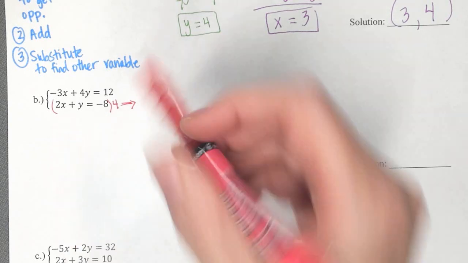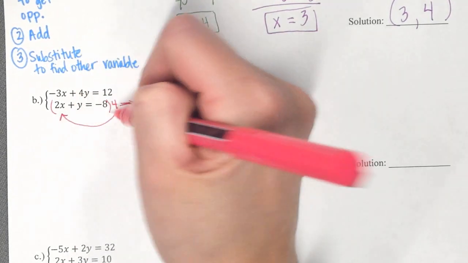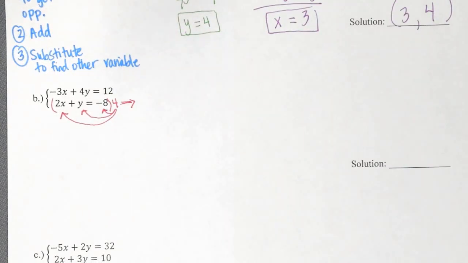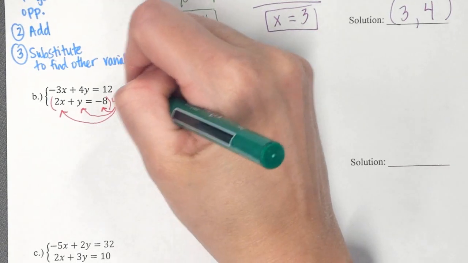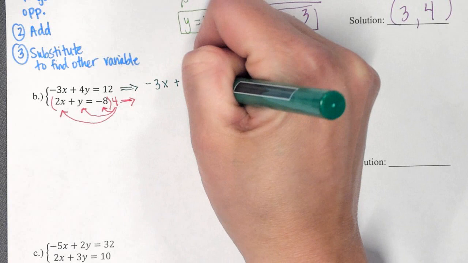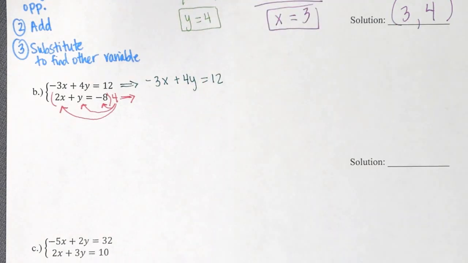Okay, so I want you to multiply everything by -4. Everything by -4. And once you've done that, you can just write this on top of it and add straight down, because I think some of you can do that.